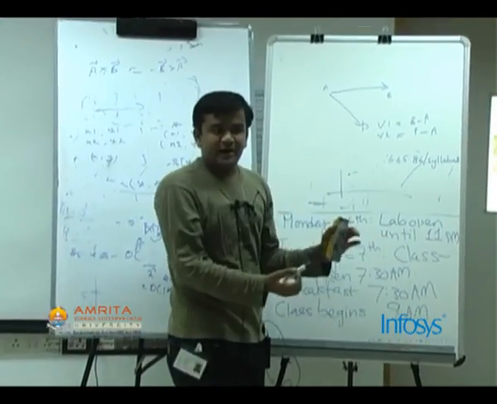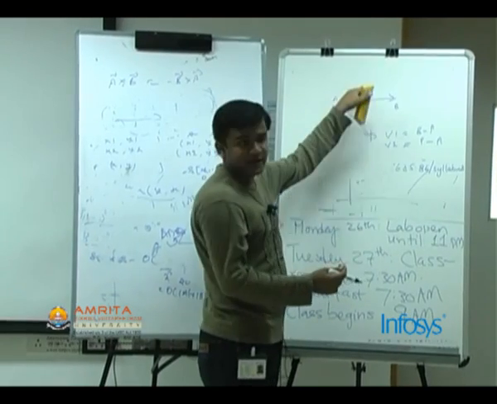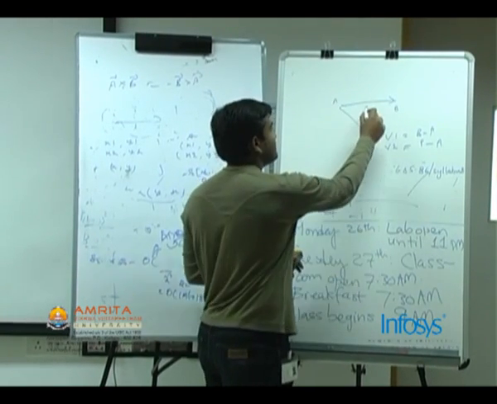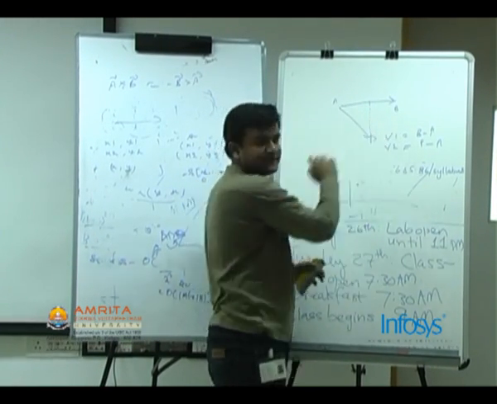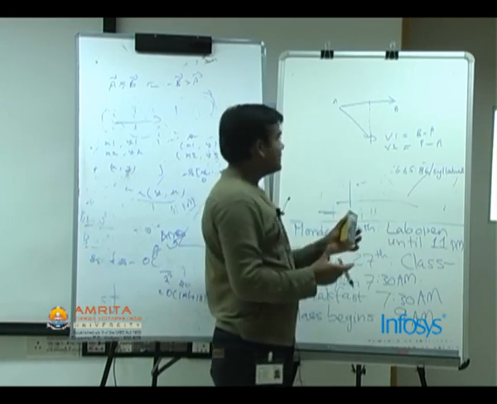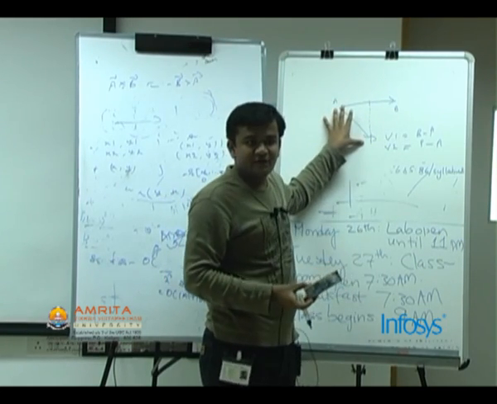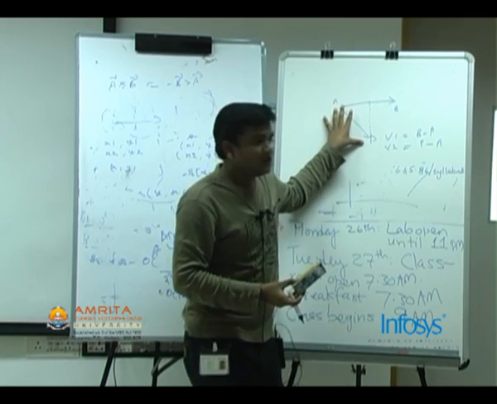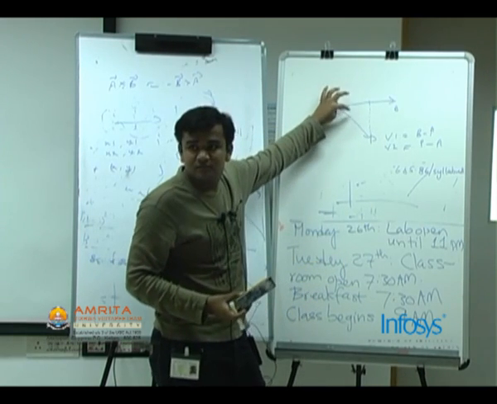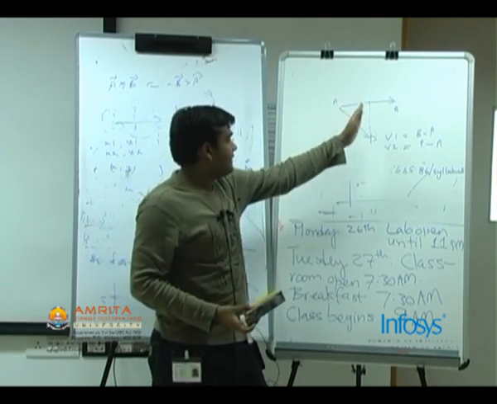Now what we are trying to find out is the distance of this point from this line, that is this perpendicular distance. We already know the magnitude of this vector. What we want to find out is this angle. If we knew the angle, we'll get this distance.